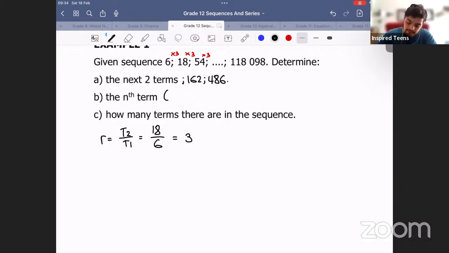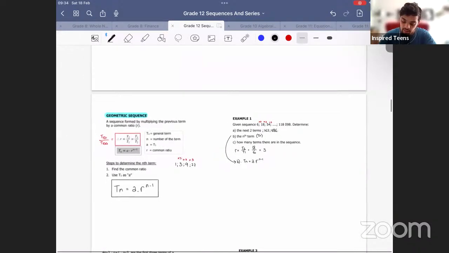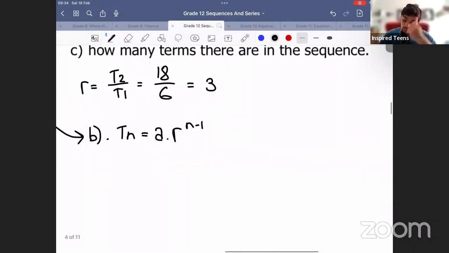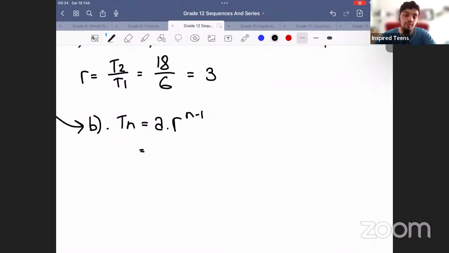Determine the nth term. Remember, the nth term is basically Tn. They're asking you to determine the general formula. How do we determine the general formula? We determine it by first using the general equation, A times R to the power of n minus 1. Remember, my unknown is going to be n.